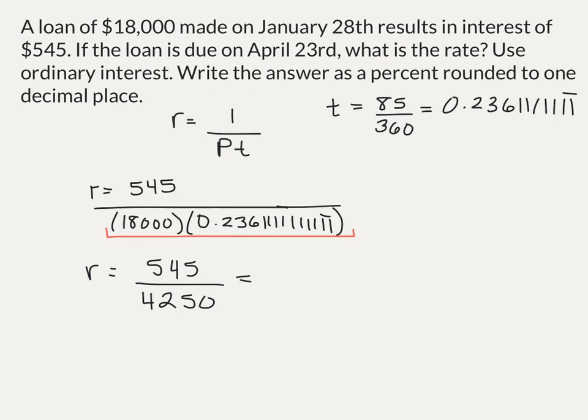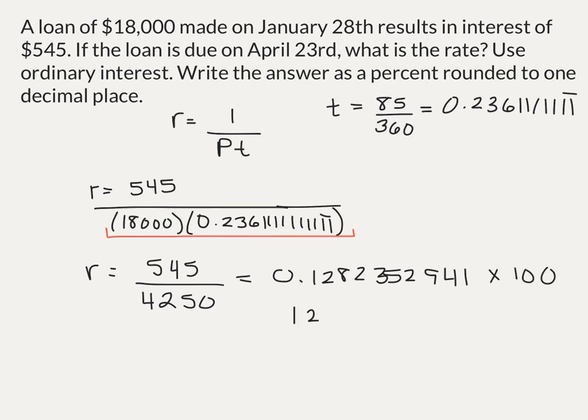Next, we'll divide 545 by 4,250, and we get 0.1282352941. Interest rate is given as a percent, so we want to multiply this by 100 to convert to a percent.